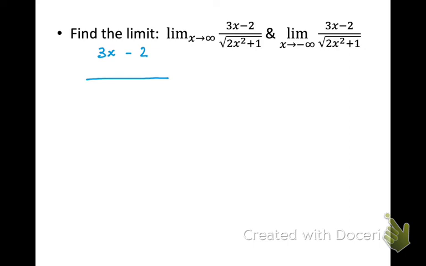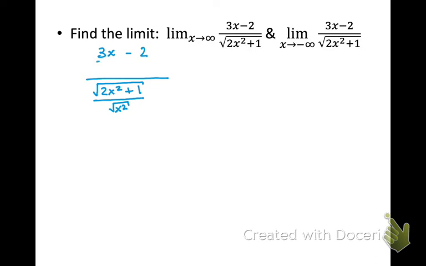So if I have the square root of 2x squared plus 1, and I want to divide that, what I'm dividing by, doesn't it have to be in a square root for me to mathematically do it? Yes? So I'm going to be dividing by the square root of x squared. Well, what is technically the square root of x squared? Just x.